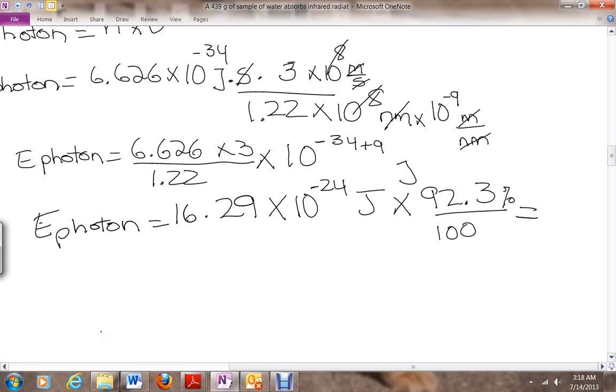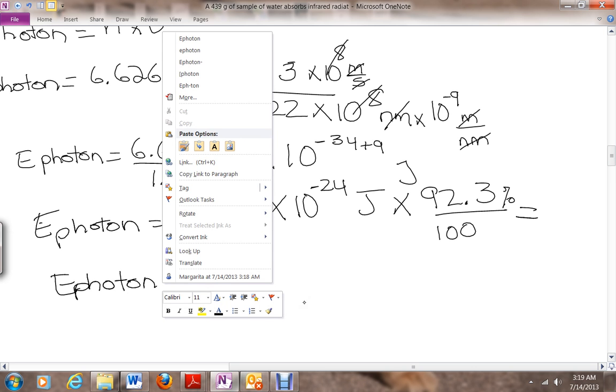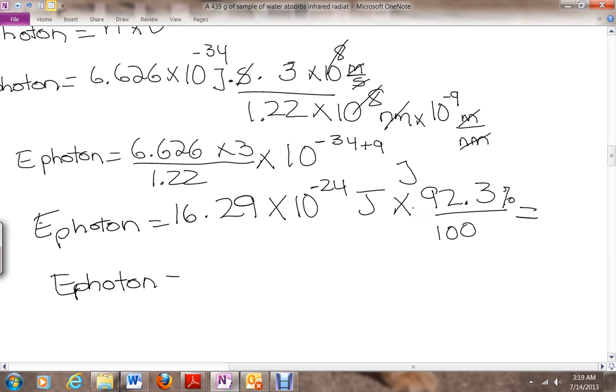So the energy of a photon that is converted into heat is equal to, if we do all this operation, or multiply by 0.923, which is the same thing, 1.50 by 10 to the minus 24 joules.